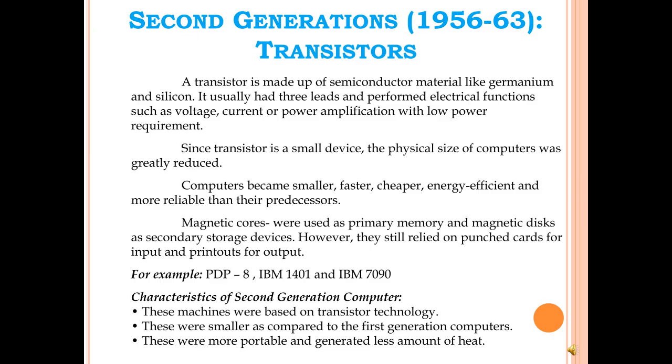However, they still relied on punch cards for input and printouts for output. See, that concept remains the same. The concept of punch cards and printouts remains the same in the second generation, because they did not make any huge change.